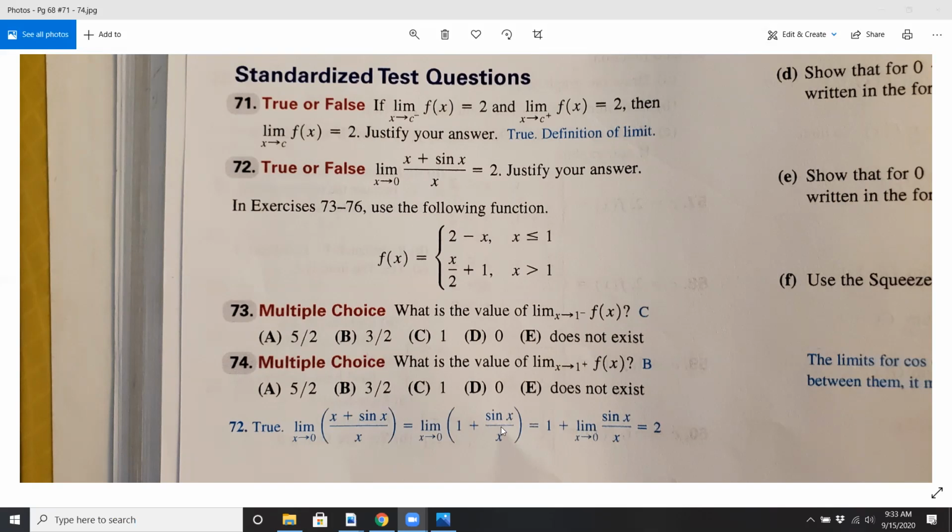And they show you how that's all worked out, which is done really nicely. 73, the answer is C. You're going from the left, so obviously you're going to go with this expression right here, 2 minus x, plug in 1, and you get 1. And then as for going from the right, you're going to plug in this expression, 1 over 2 is 1/2, 1/2 plus 1 is 3/2, so you get B, 74. So hopefully those aren't too bad.